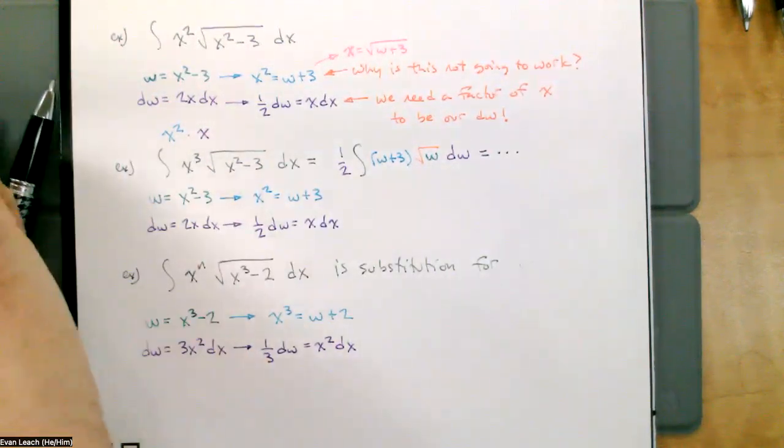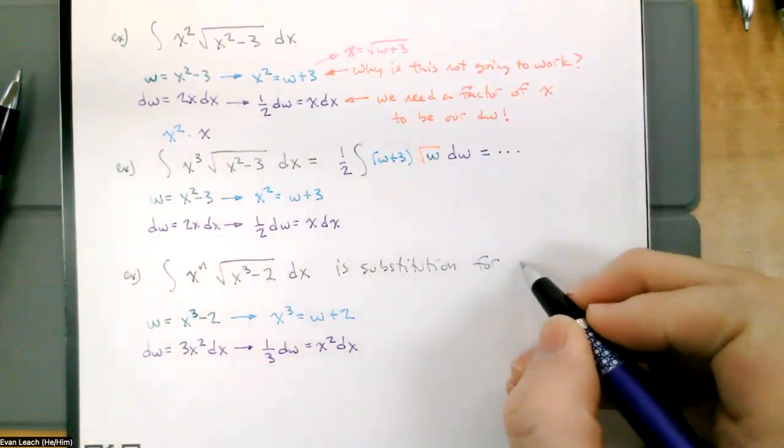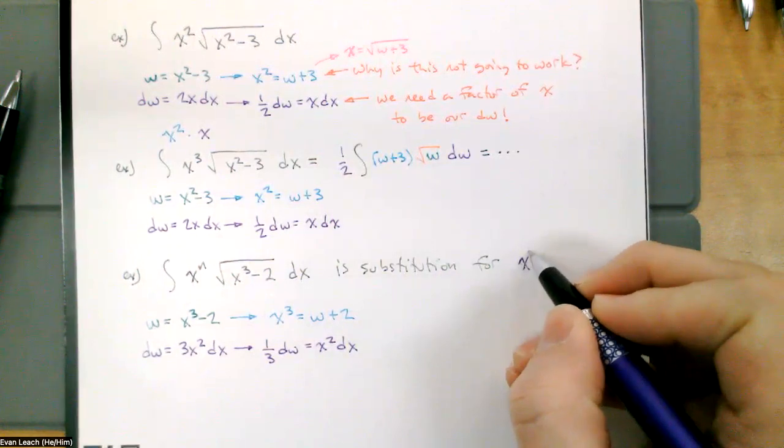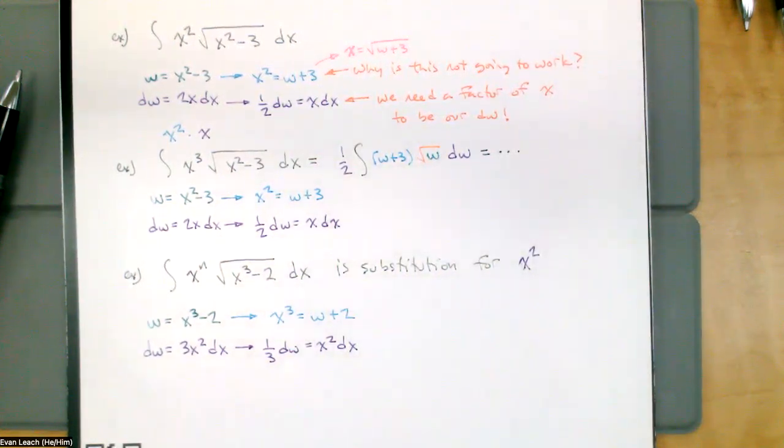So it can be a substitution if the x to the n part is x squared. That's going to be our base model substitution. That's going to be the one that shows up on the quiz, integration by substitution part 1, because it is super basic. There's the inside, and the derivative of the inside is right there.